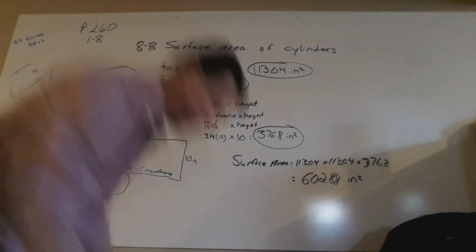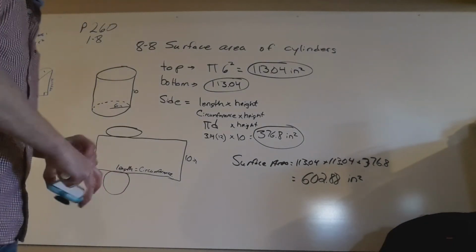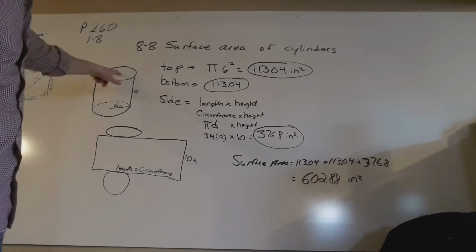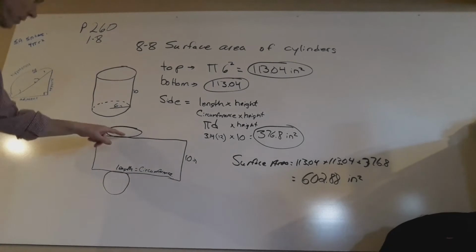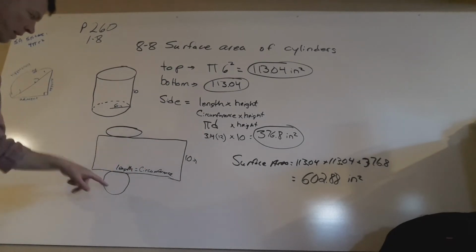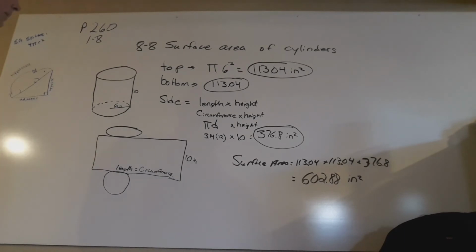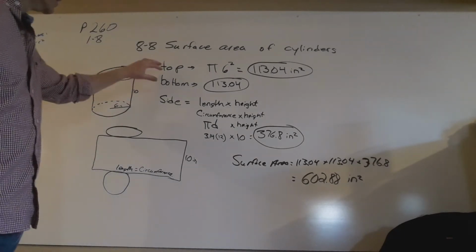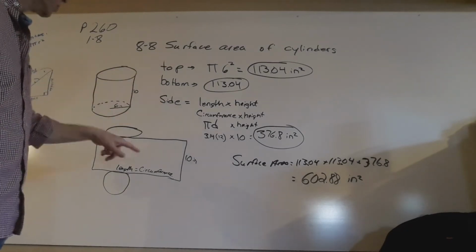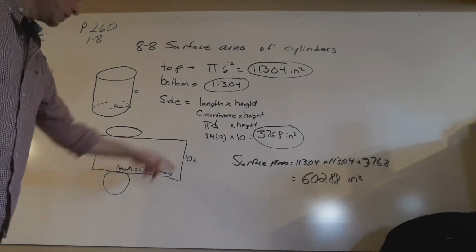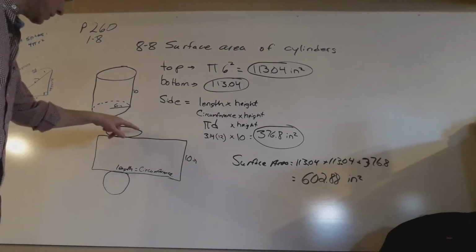Just to review what we've done: to calculate the surface area of a cylinder, there are three parts to it: top, side, and bottom. The side is the rectangle when you take that can apart. The area of the top is the same as the bottom. To get the area of the side, we needed length times height. The length is the circumference of this circle, since it goes all the way around.